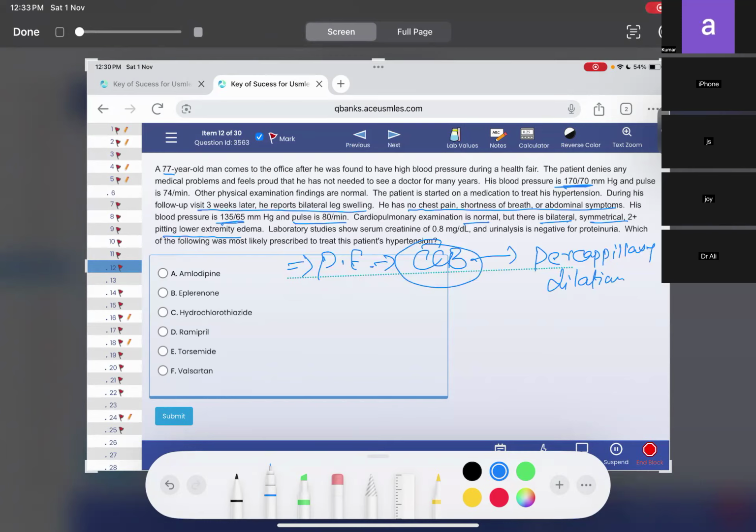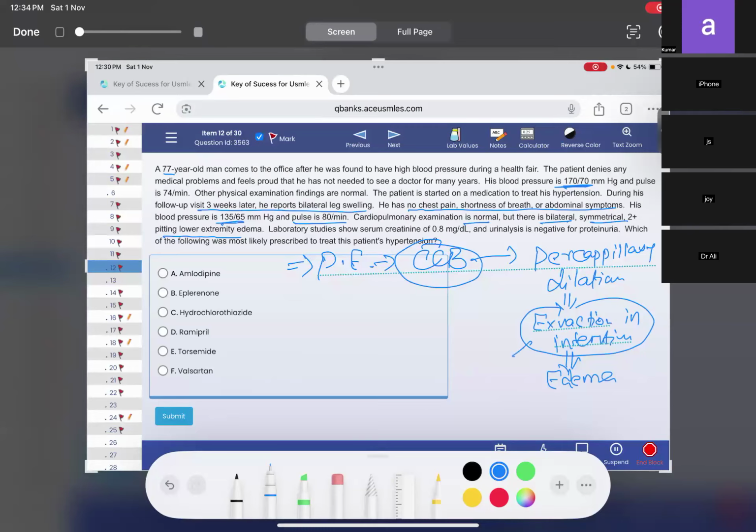This precapillary dilation will lead to extravasation into the interstitium. This extravasation will lead to edema.